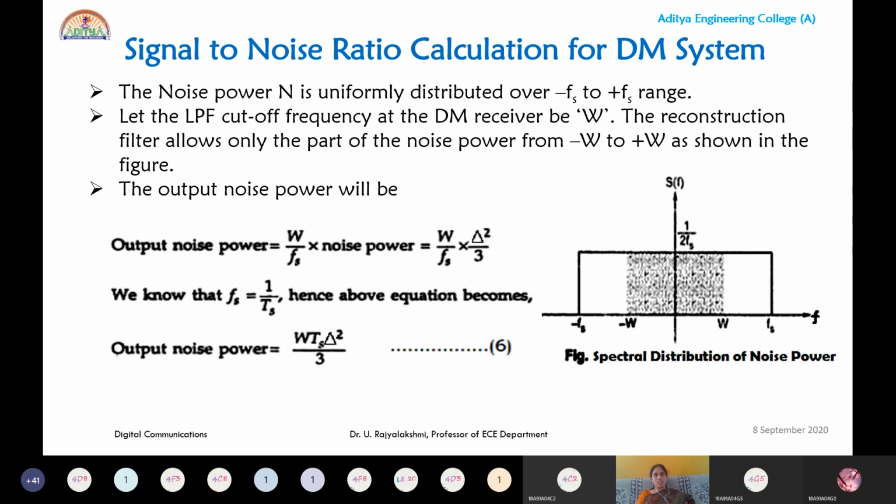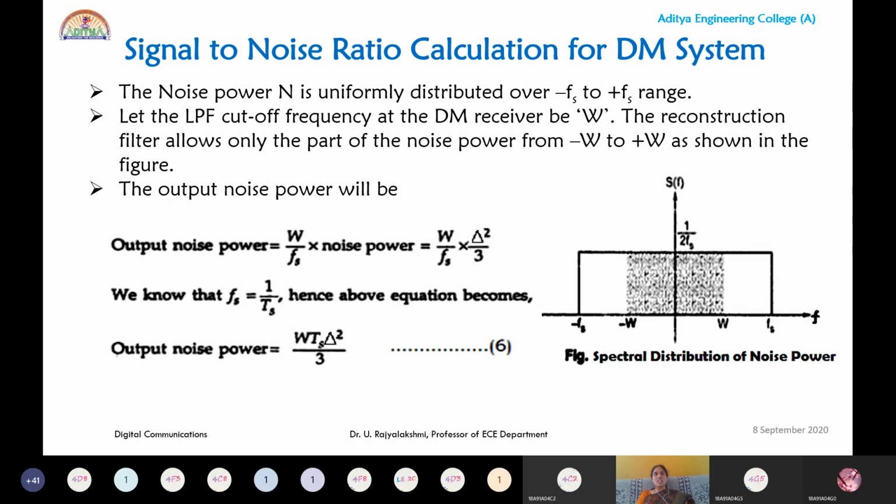So what is W here? W is the cutoff of the low pass filter used at the DM receiver section. Please assume for some time that this cutoff frequency is not equal to the cutoff of the low pass filter used at the transmitter.